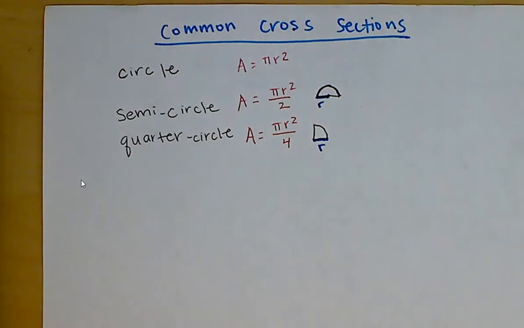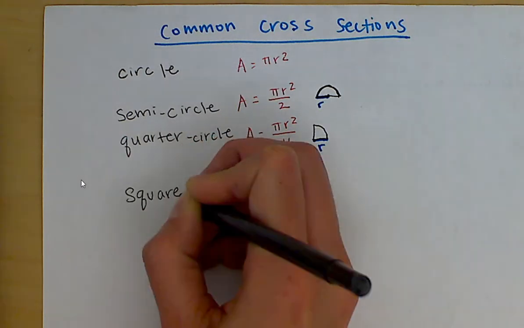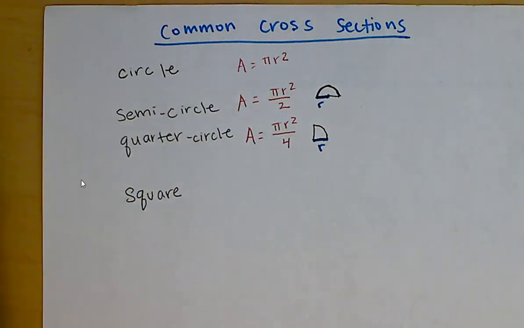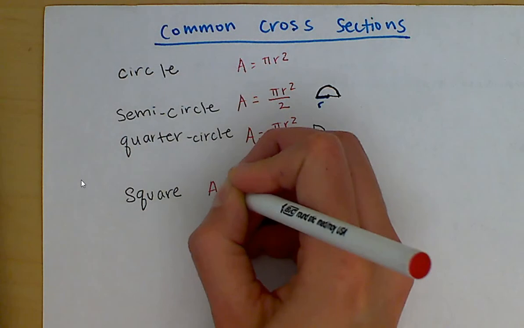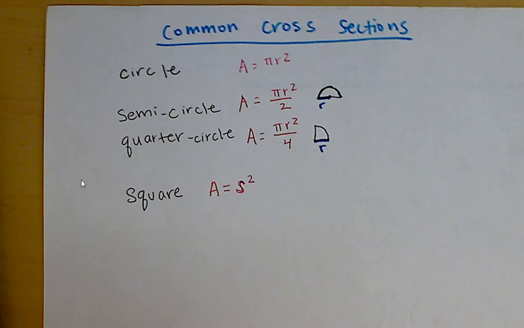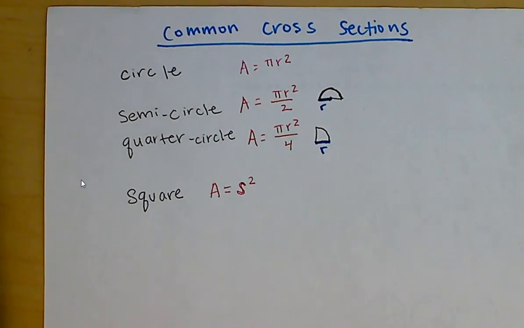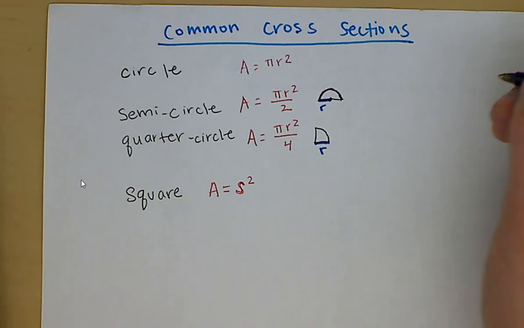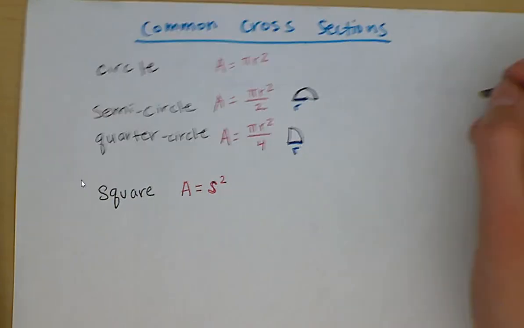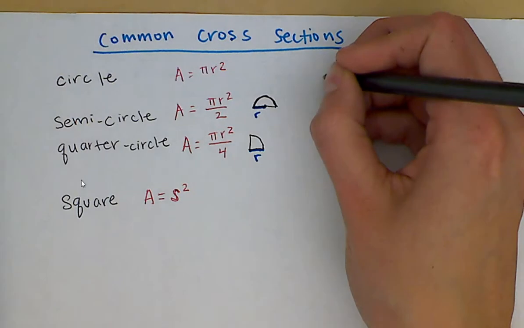As we already saw, there's also a square. For this, the area equals the side squared. And then we have a few different triangles that we can think about. So there's just a regular triangle.